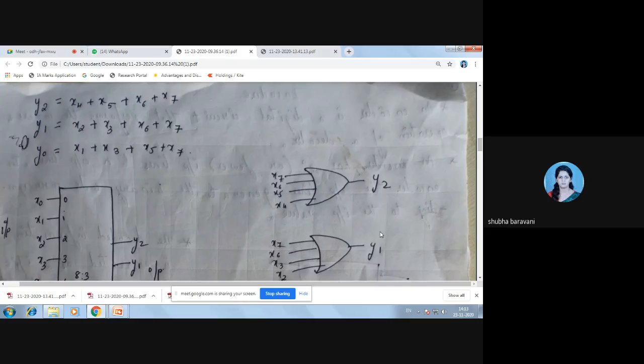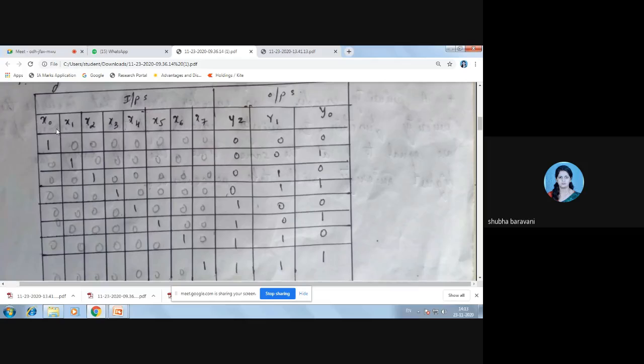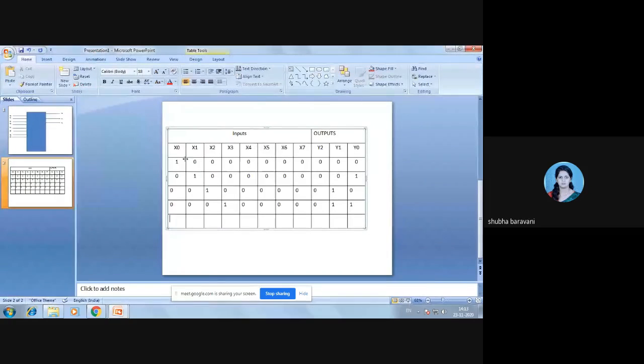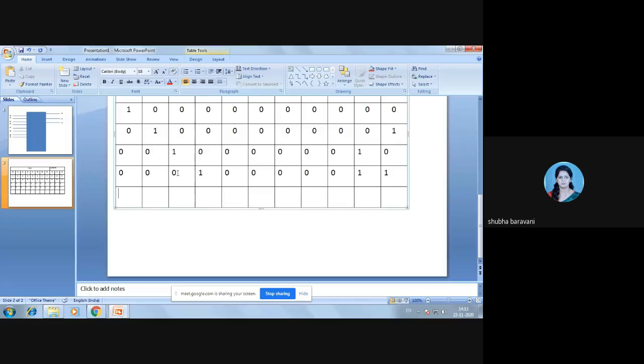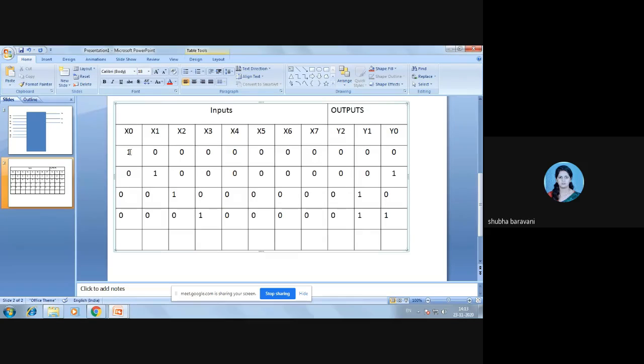Okay. Right. Now see, we'll go back to this. If your x0 is 1, I said you'll have the output 0 0 0. Okay. But what if at one time my x0 and x1 both are 1? See, here I said if x0 is 1 and other inputs are 0, your output would be 0 0 0.